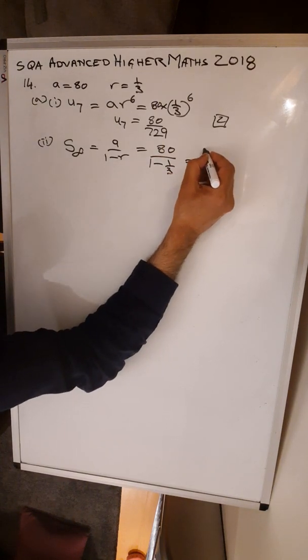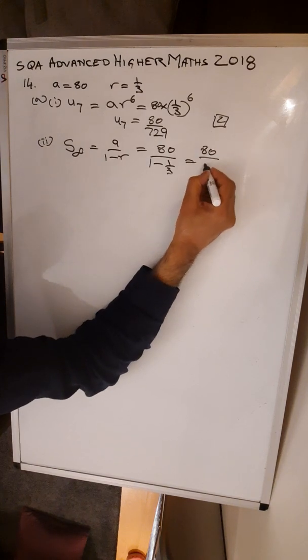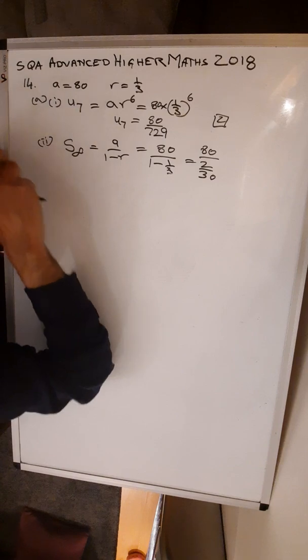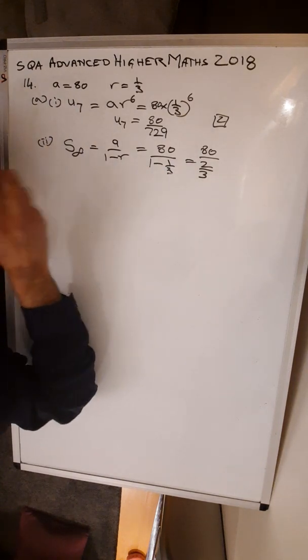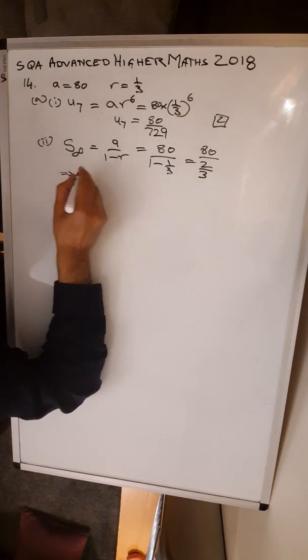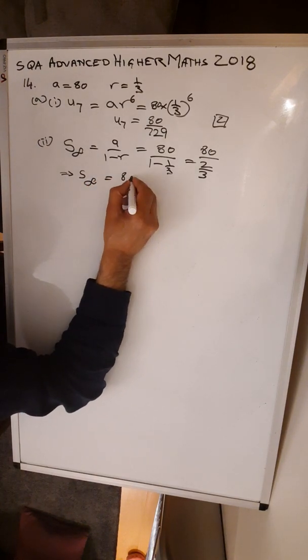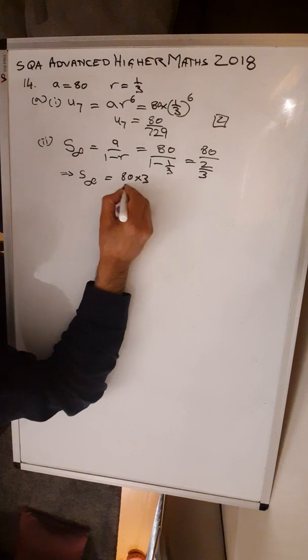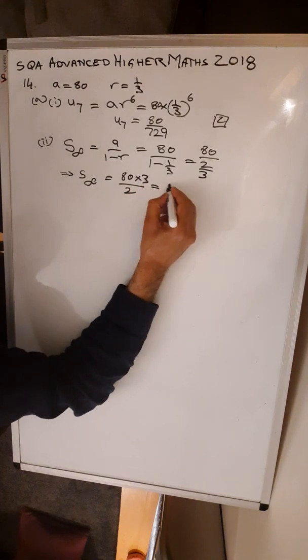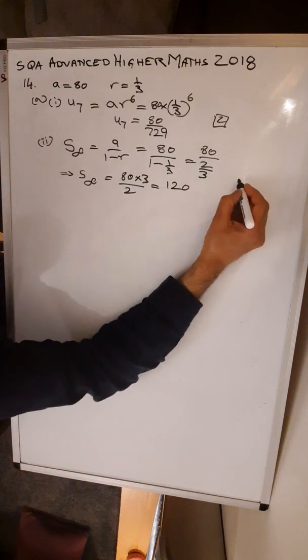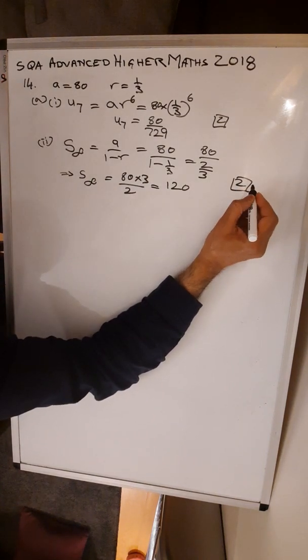So that would be 80 over 2/3, which means that the sum to infinity is 80 times 3 divided by 2, which is 240 over 2, which is 120. So that's your sum to infinity. That again is for 2 marks.